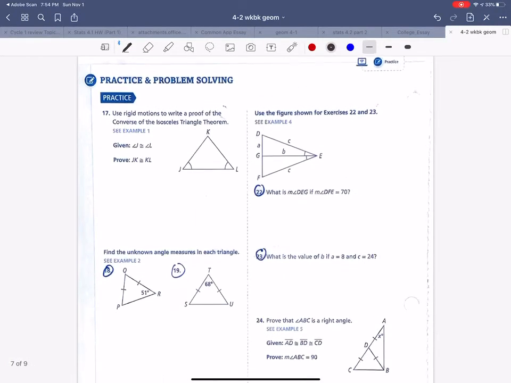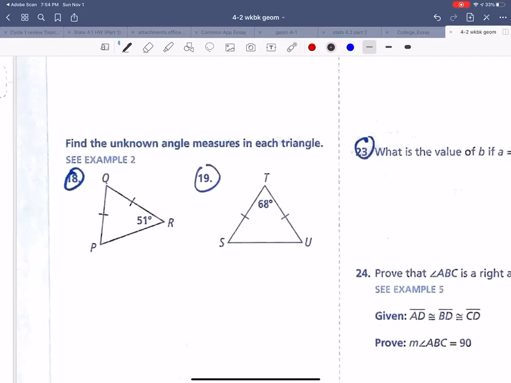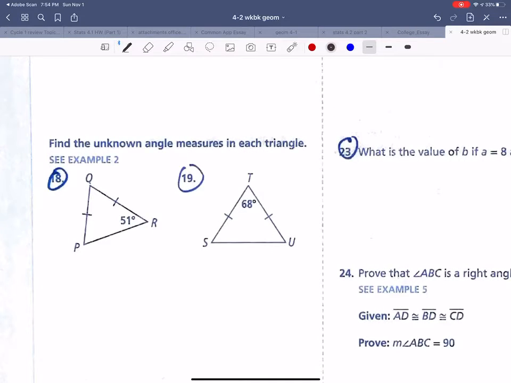Nice. Okay, now it says find the unknown angle measures in these triangles. So these are more similar to our examples. We see here, now this looks a little off, but if this is the clue, it should fold right here, which means this angle has to equal this angle. So I'm going to put 51 there. And now I can call this x, right?